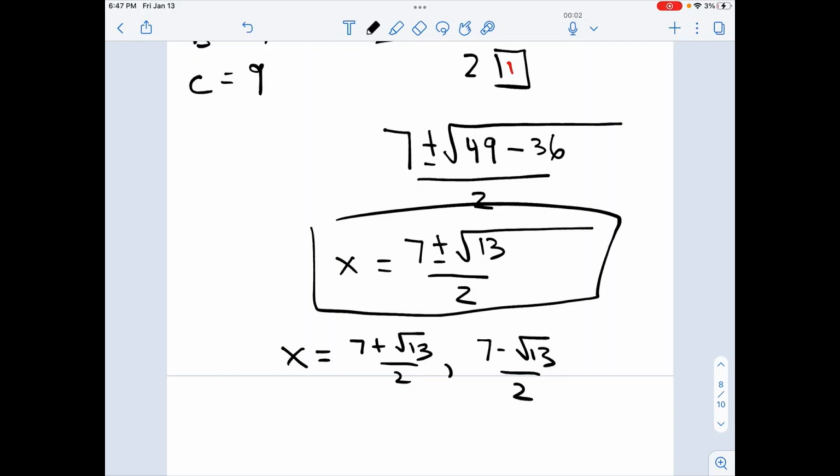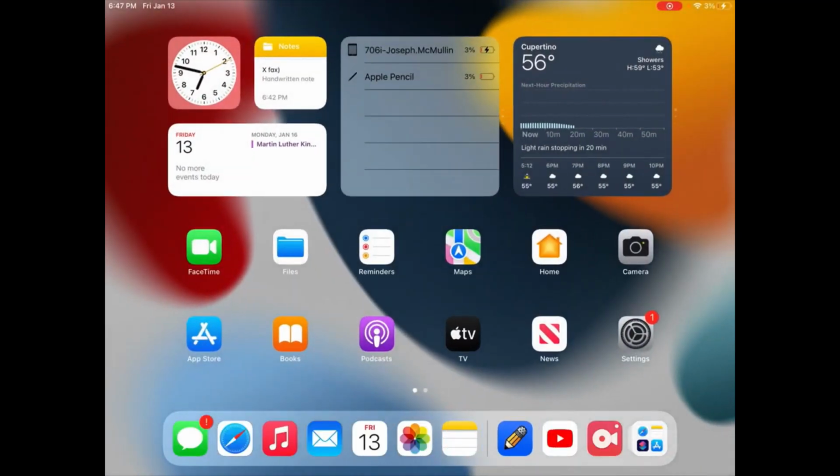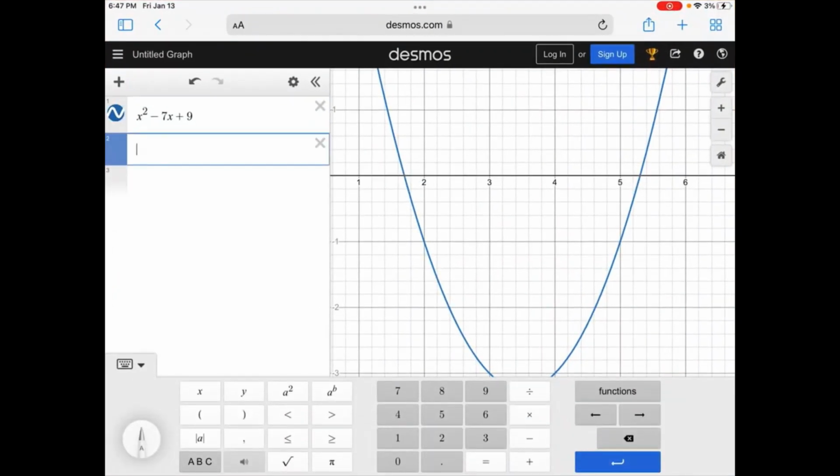And yeah, we can just check that in Desmos and see if that works here. So in Desmos, let's type in that point. So the point is going to be 7 plus the square root of 13 all over 2.